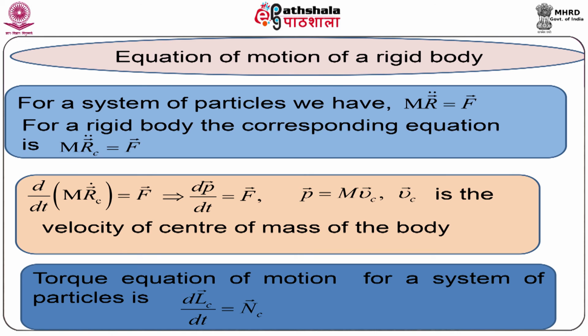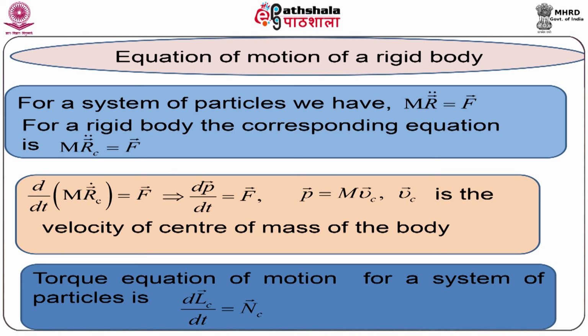In case of a rigid body, the corresponding torque equation of motion remains the same, that is, we have d dt of capital L c vector equal to capital N c vector. Here c is in suffix, c stands for we are taking angular momentum about the point C.